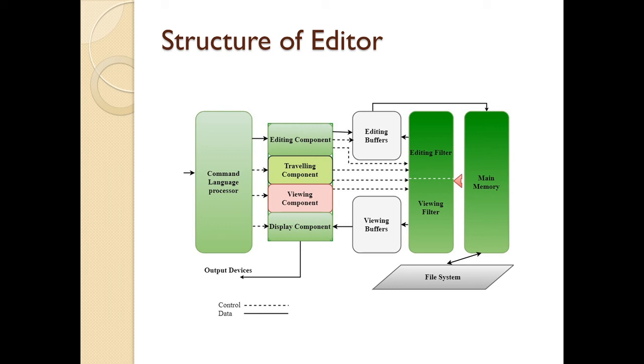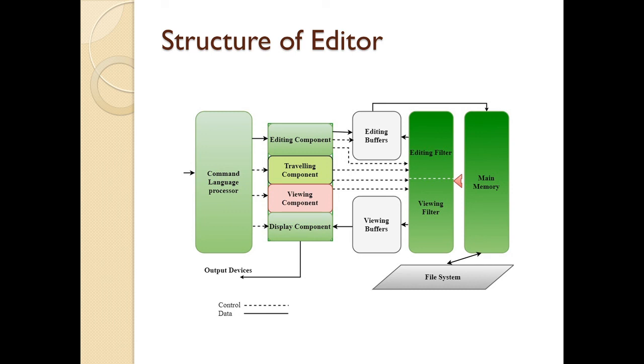Then, through main memory, these inputs are given to the editing filters. Then operations according to the user requirements happen here, and it is viewed on the screen with the help of viewing filters and viewing buffers. Then it is sent towards the display component and shown on the output device.